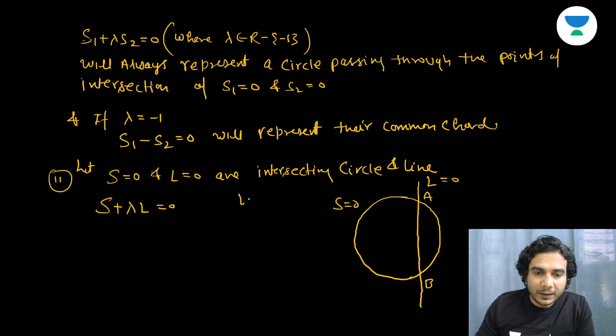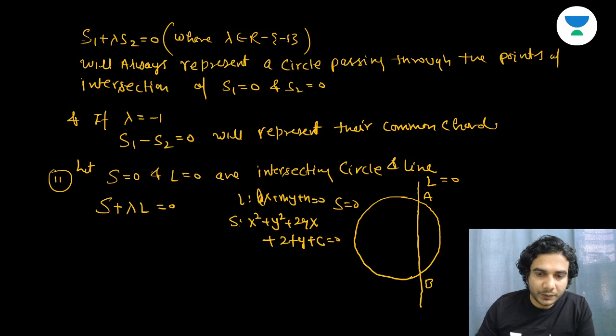I'm taking L as, suppose, lx plus my plus n. And S is, say, x square plus y square plus 2gx plus 2fy plus c. This is S, S is equal to 0, L is equal to 0.